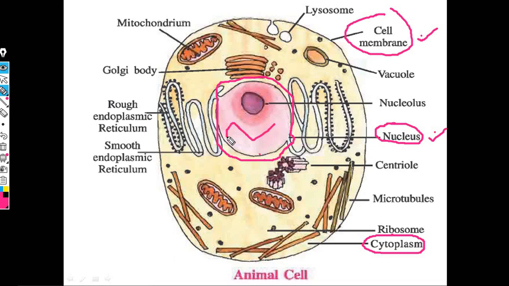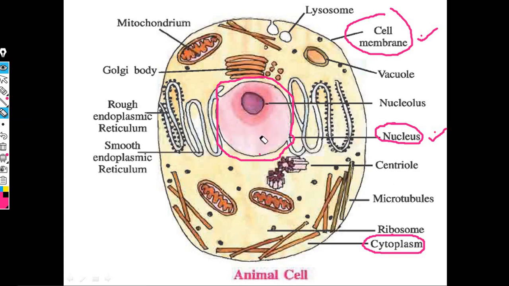Because it contains genetic material, that is DNA, in the form of a thread-like structure, and this thread-like structure is called chromatin. Now this DNA needs to be protected from the external environment, like chemicals, toxins, and radiations. All these materials may damage the genetic material, and that cannot be allowed.